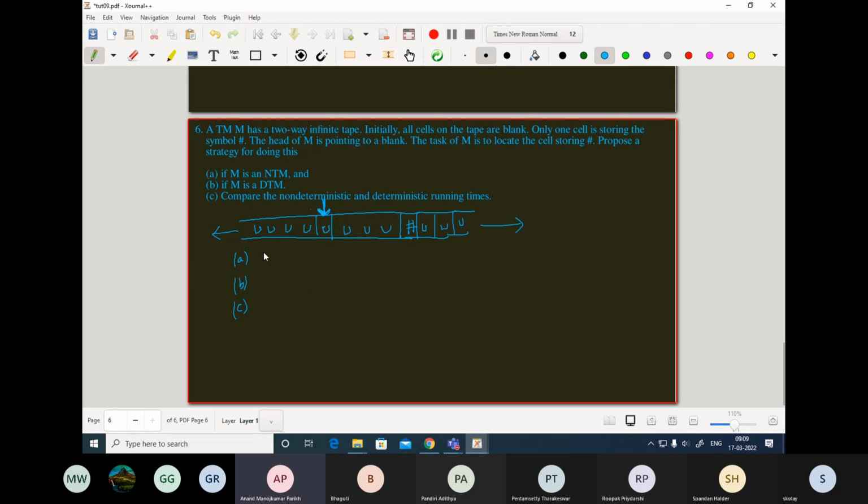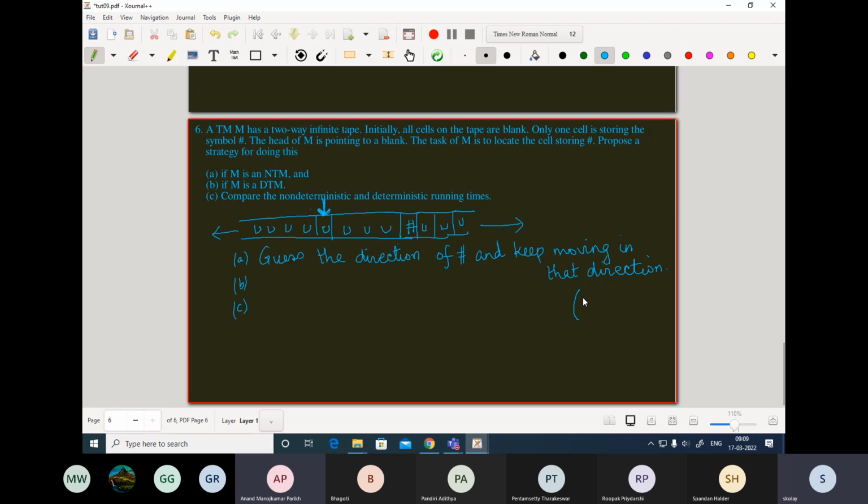I mean, we'll guess which direction the hash is in and then keep moving in that direction. How much time will it take? I'm guessing constant time, like no time. But if we make the wrong guess, then it will be infinite.